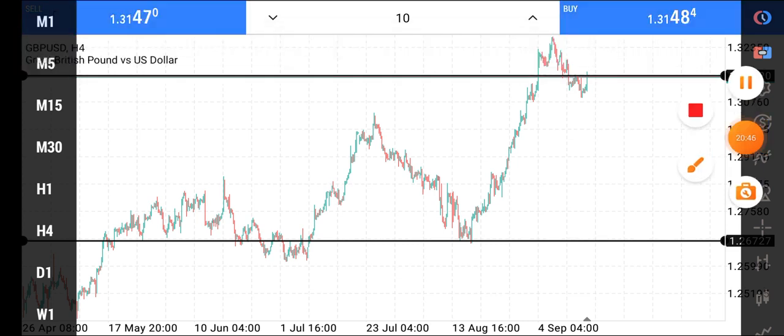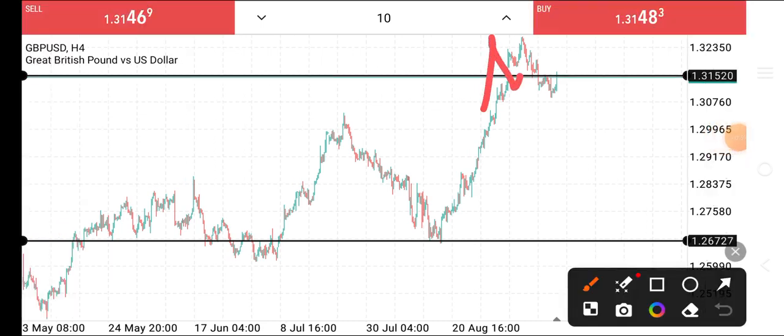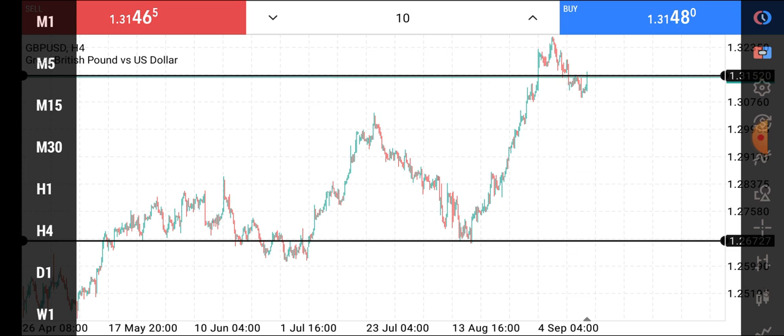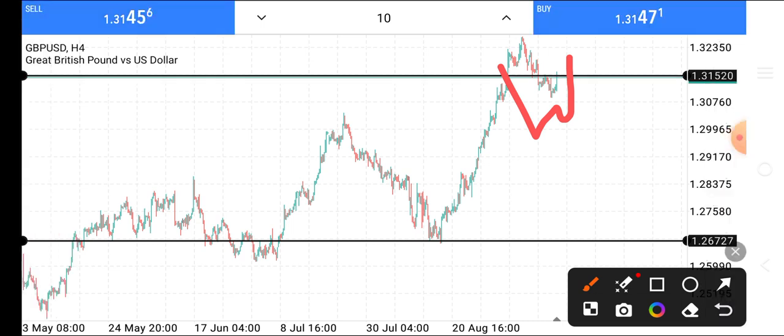You can see the market broke above that level and started doing some minor retracement, which is very, very okay, but it did not go lower than this level. The market just stopped on this level and started pushing up again. So it means the trend is still on, the trend has not finished.